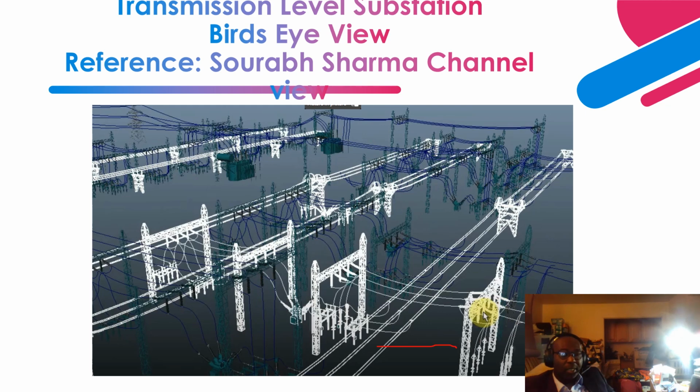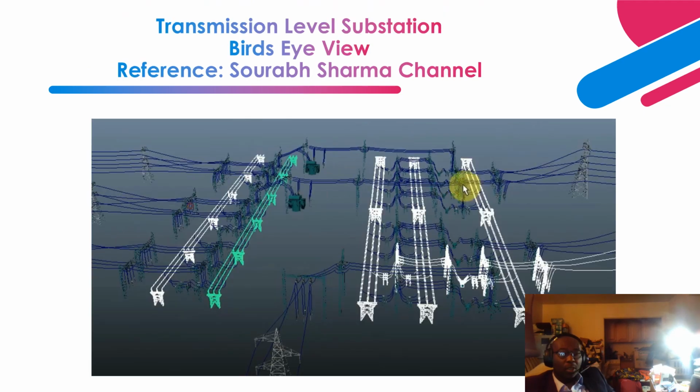So this section is your high voltage substation, a very high voltage transmission level substation. You are coming in, then from there you are going out to the sub-transmission substation through step-down transformers.